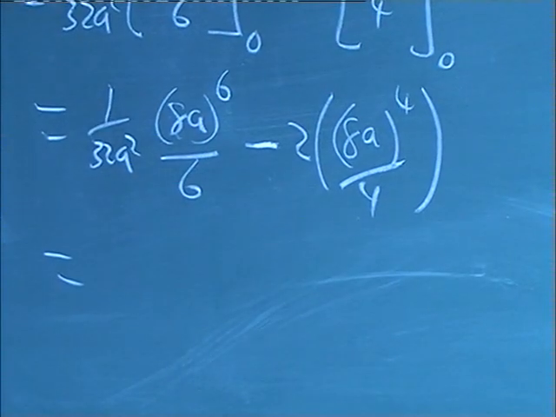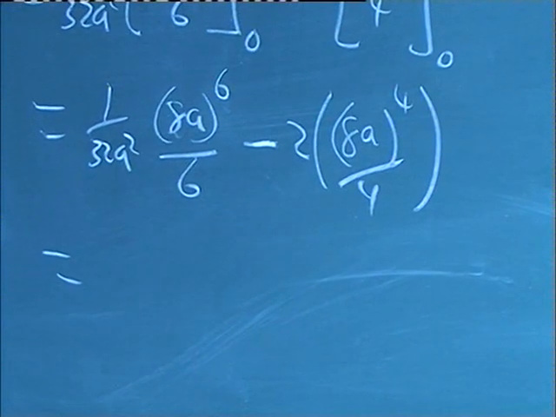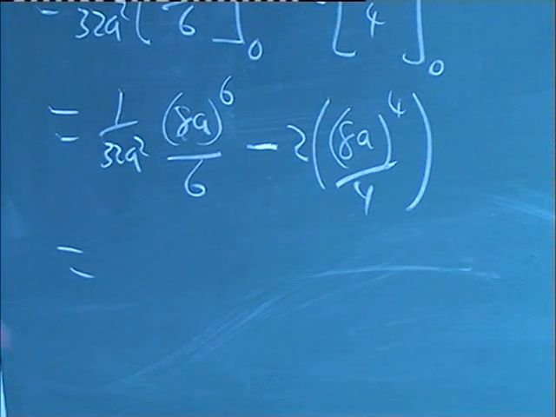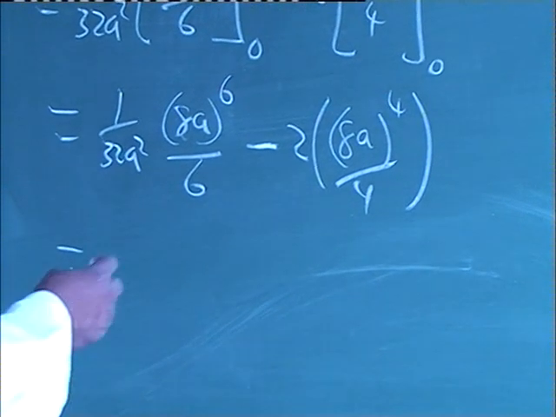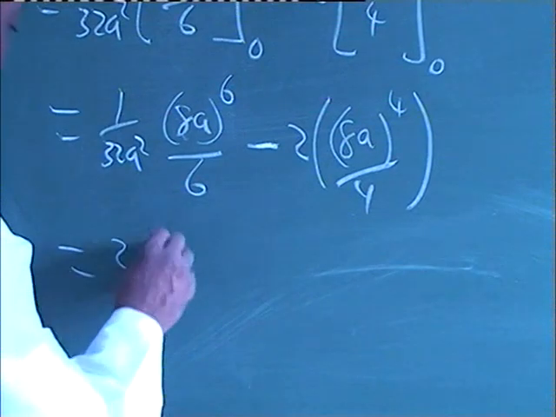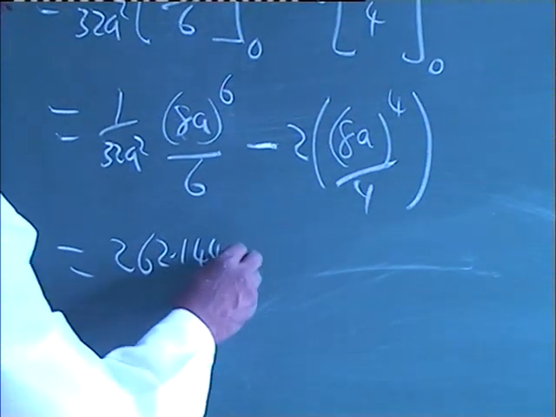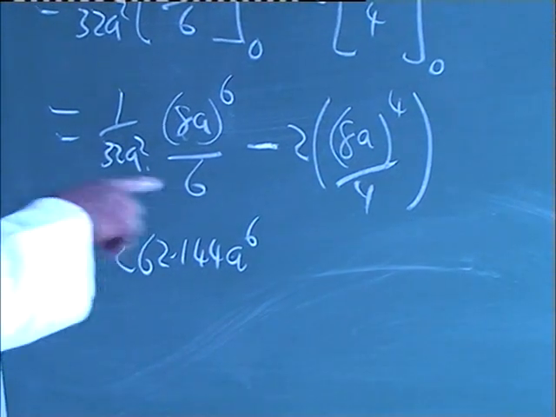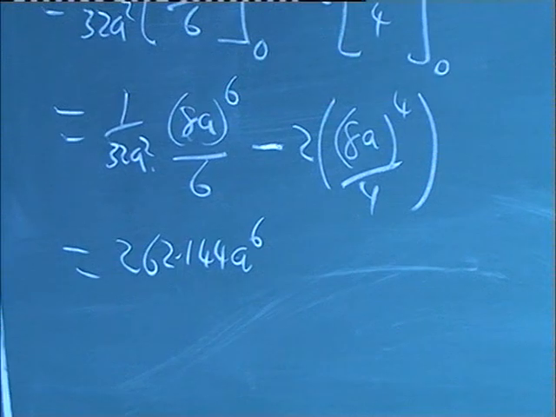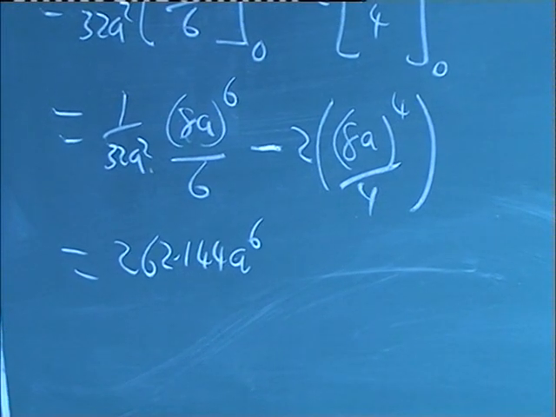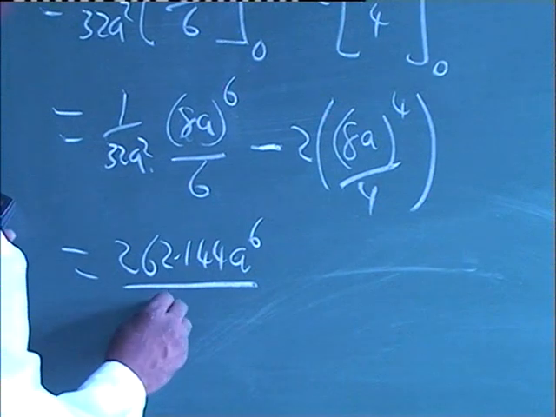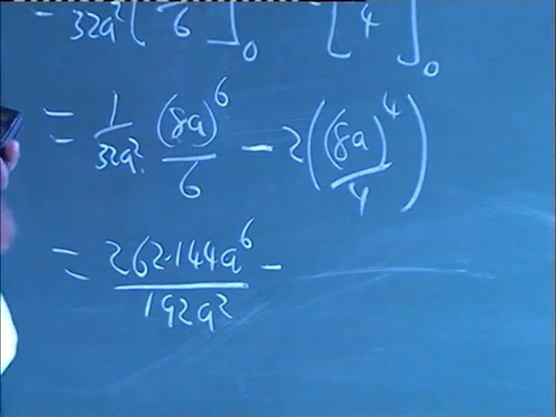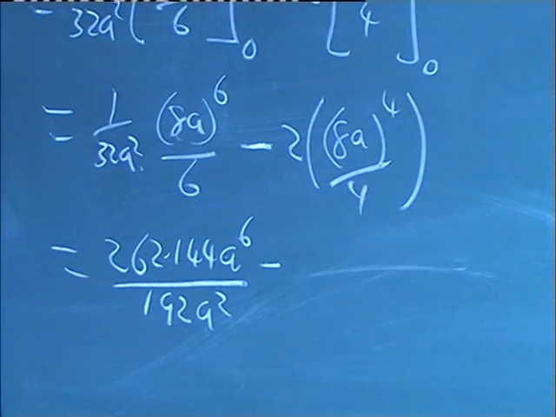Now, let me check that. 8 raised to the power 6. Okay, we have 262,144. And then if we have that, we have 262,144 a raised to the power 6. Now this side, you can multiply this side, that is 32. 32 times 6, giving us over what? 192a squared, minus 8 raised to the power 4.